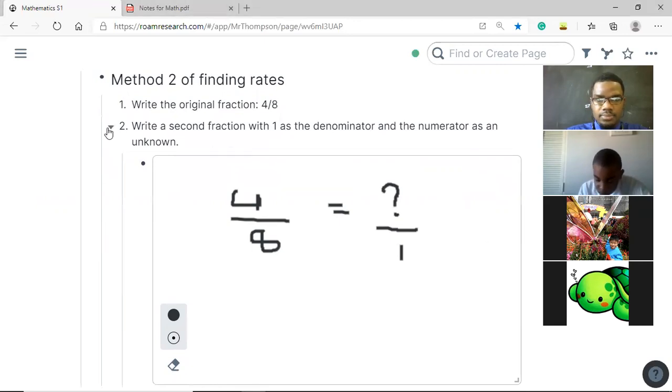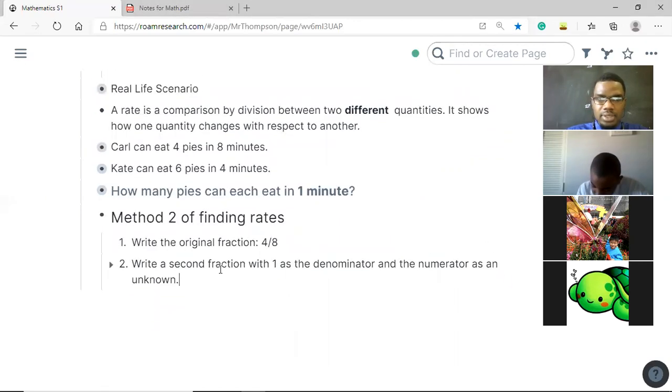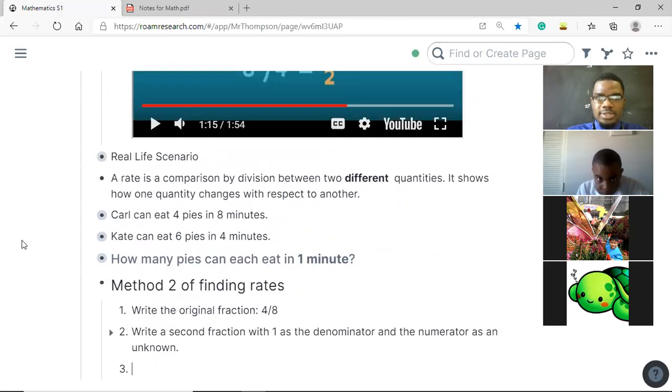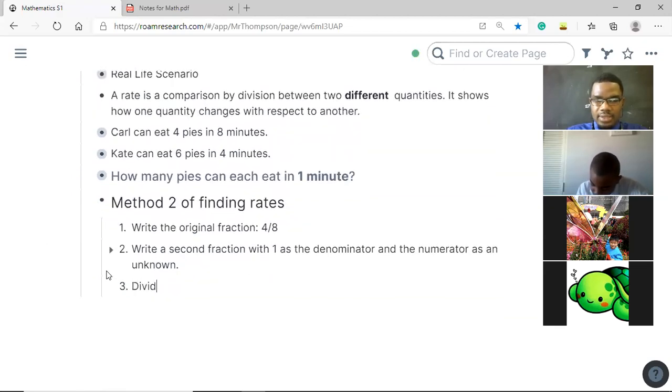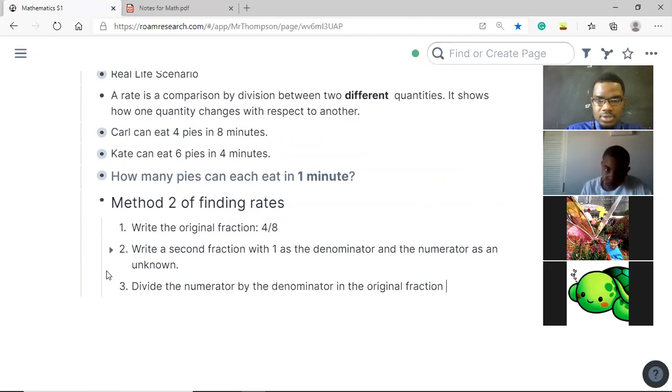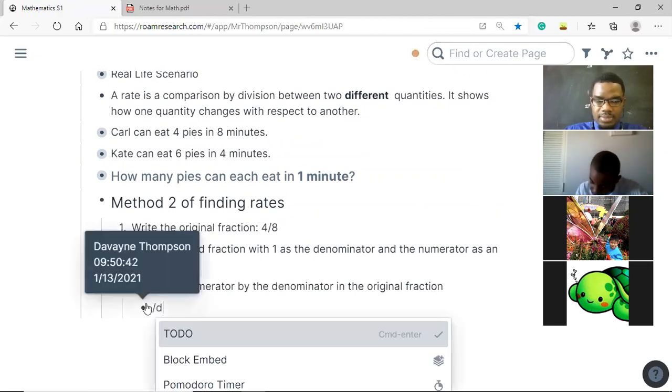And then now, step 3 is going to be divide the numerator by the denominator in the original fraction. Let's look at that step.